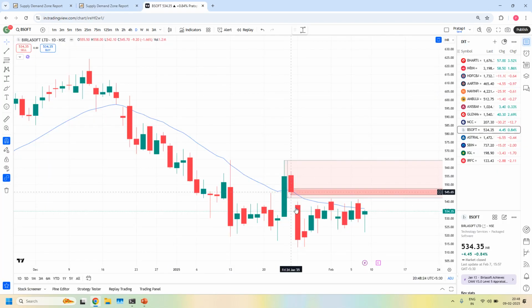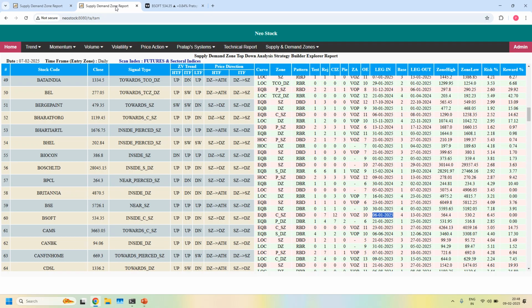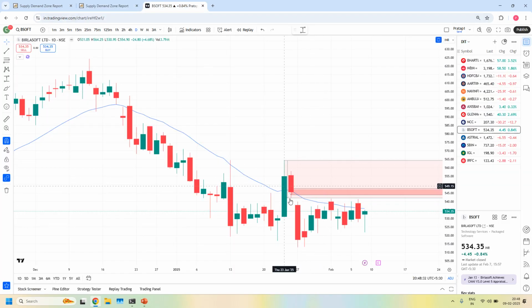I have drawn a rally based drop. This is 23rd January. But the software is suggesting 6/1/2025, 4 base candles. That means this zone could be an LOTL zone. Where is 6/1/2025? This is the one, this is the drop. After that, 1, 2, 3, 4 base candles and a drop candle. If that is the case, this daily zone should be like this.